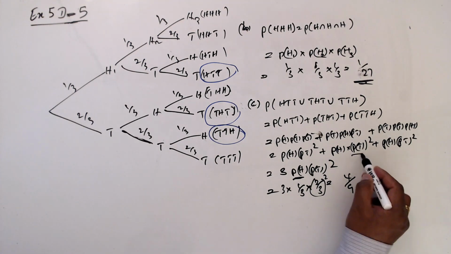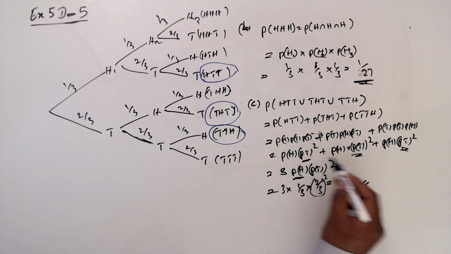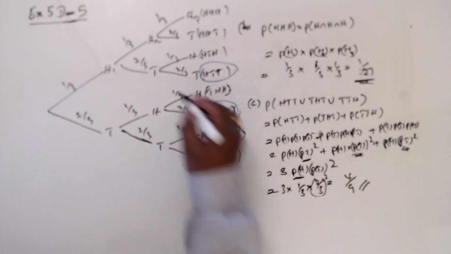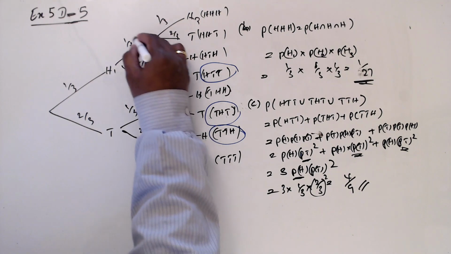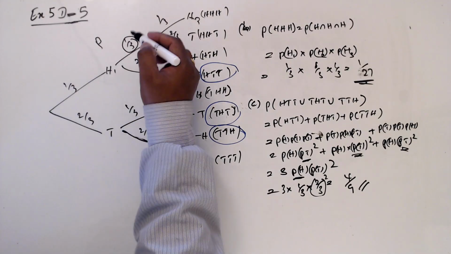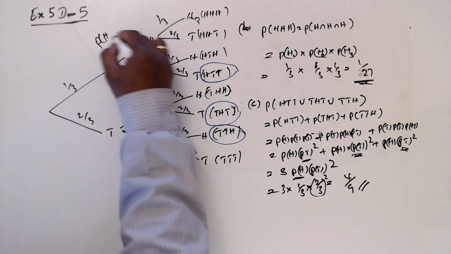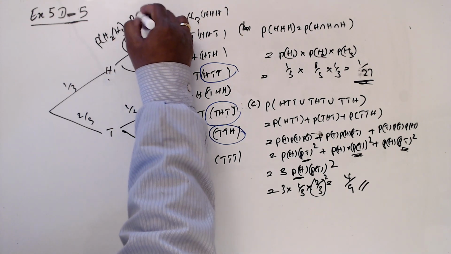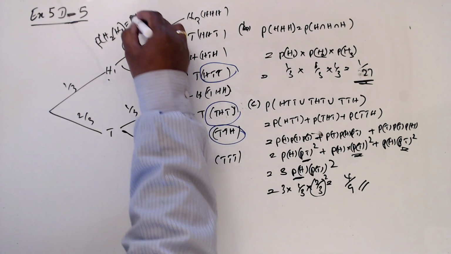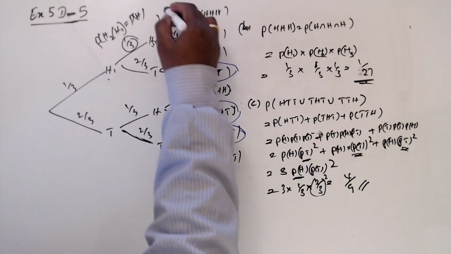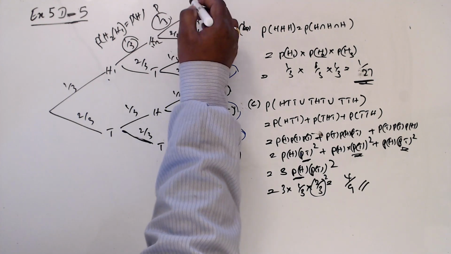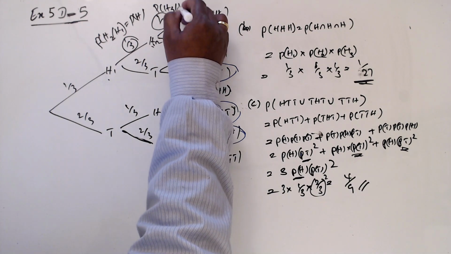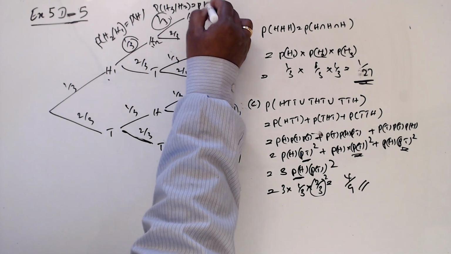So you can only do this one because they are independent. There is no given. So for example, this probability is the probability of H2 given H1, but that is equal to PH. So this probability is the probability of H3 given H2, that is also PH.